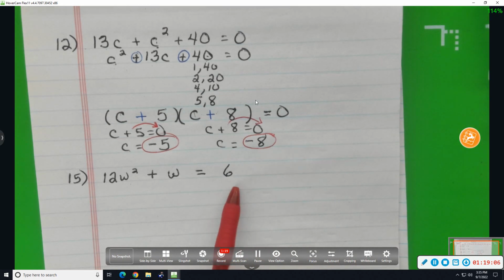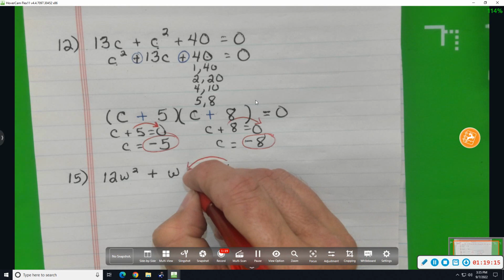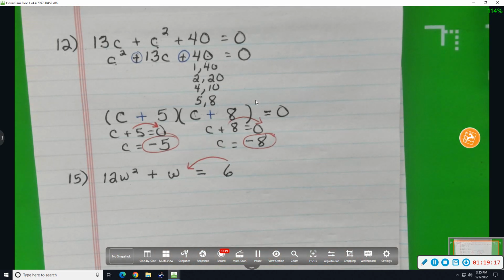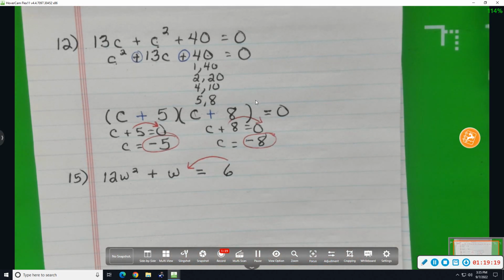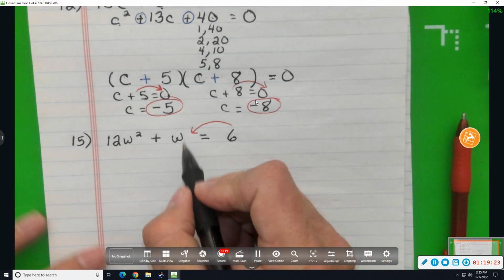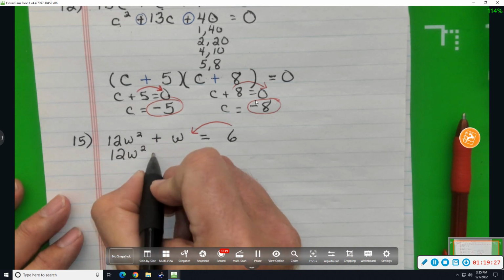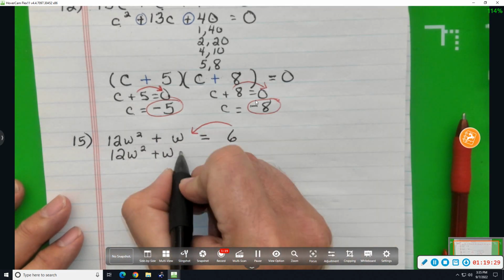What do y'all think I could do to get a 0 there? Subtract 6. Minus 6, minus 6. I'm just going to do that. My little universal symbol, meaning minus 6 from both sides. All it's going to do is move the 6 over and change the sign.